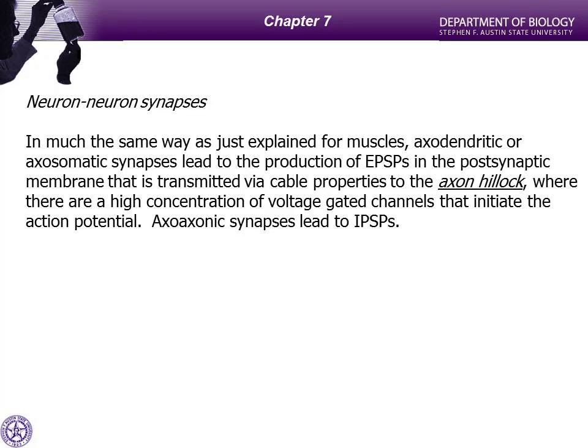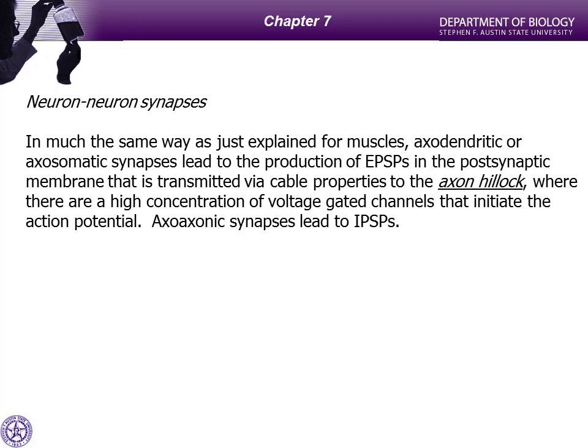But recall, we're using depolarization, repolarization, hyperpolarization almost exclusively for an action potential. So now in synapses such as neuron to neuron synapses, when we cause a more positive movement of our membrane potential, we're going to refer to that as an EPSP. Likewise, if we make the membrane more negative, like in axoaxonic synapses, which are almost exclusively lowering the membrane potential, we call those inhibitory postsynaptic potentials.